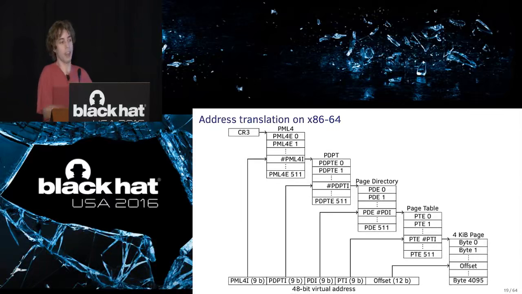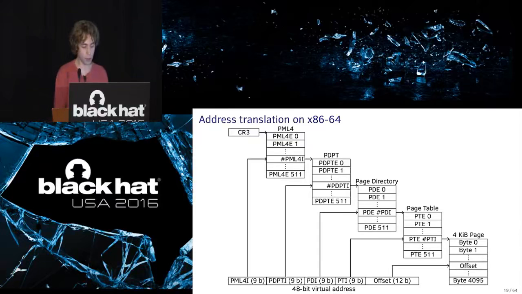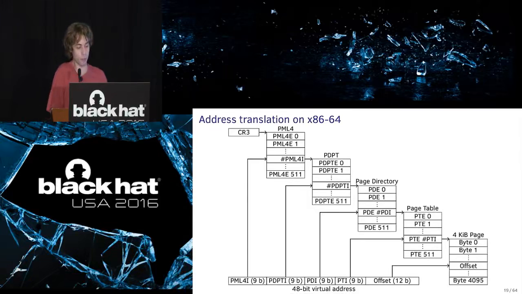We know we have a 64-bit address space, but right now we can only use 48 bits. And it's divided into different parts. The first part is the page map level 4 index, and this index has 9 bits, and it chooses the right page map level 4 entry from this first table.